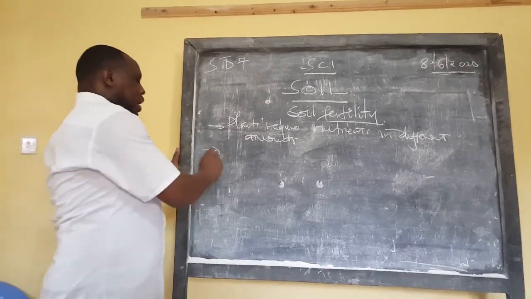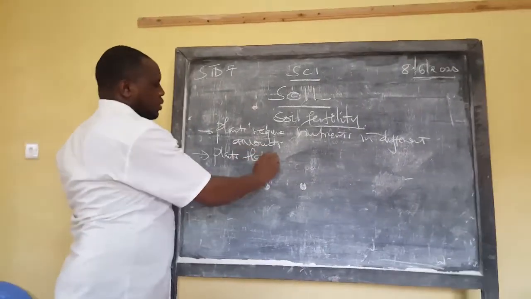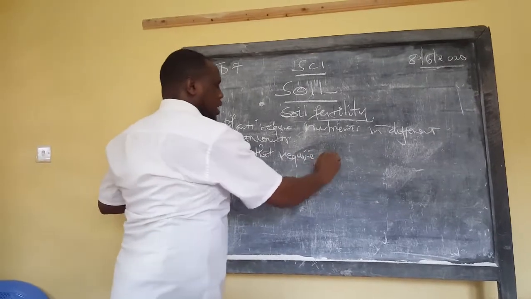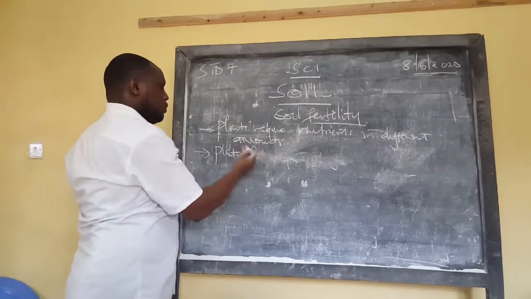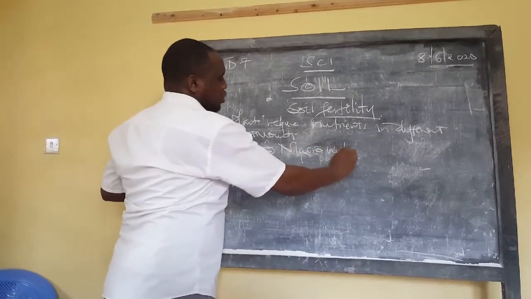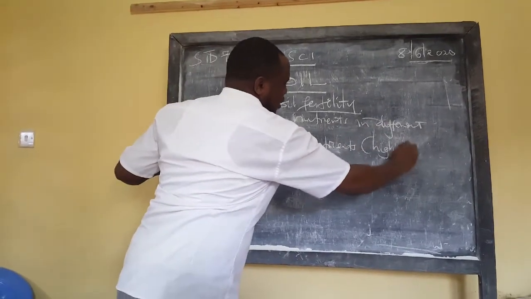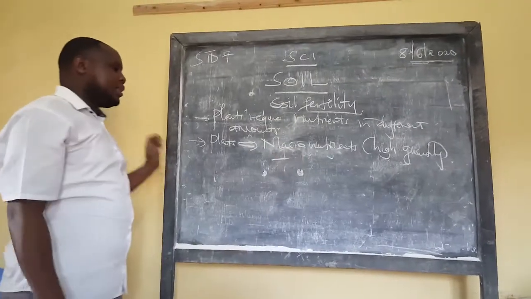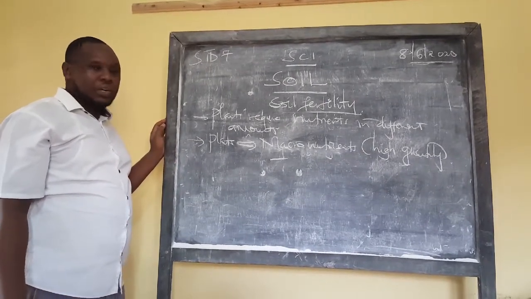There are plants that require what you call macronutrients, that is, a high quantity of nutrients. Some plants require these nutrients in high quantity, and we call them macronutrients.